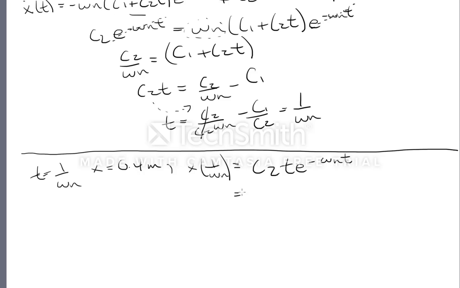So now let's substitute C2 times 1 over omega n, e to the negative omega n times 1 over omega n. Those cross out. Equals C2 over omega n e. And this is equal to 0.4.